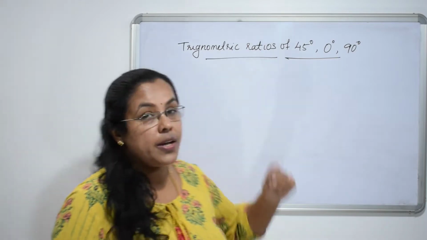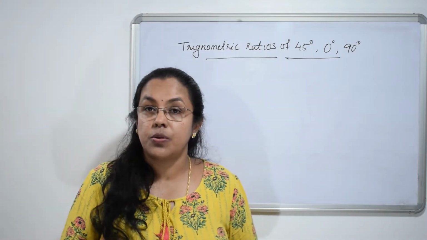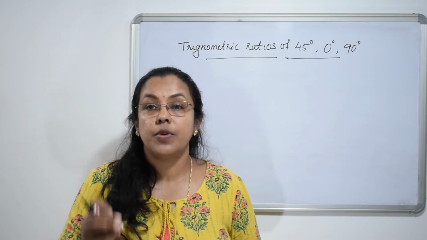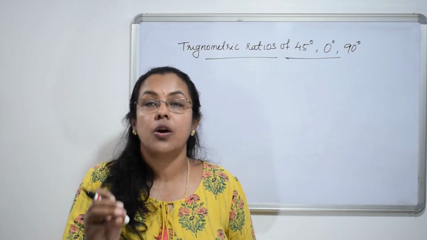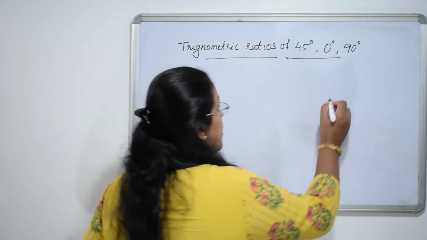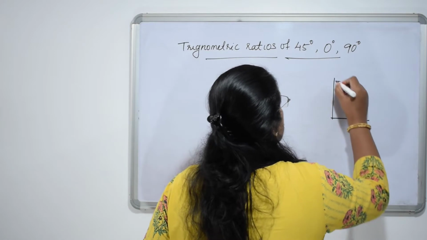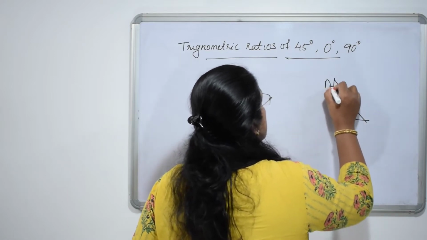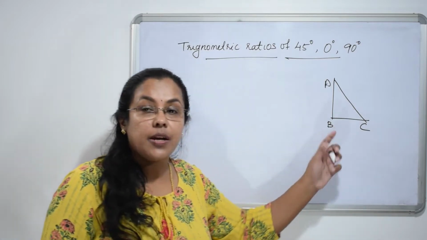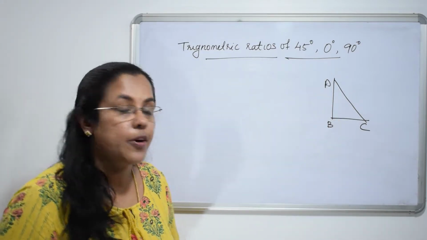In order to find 45 degree ratios, which type of triangle will we use? We want a right triangle with an acute angle of 45 degree. So I am going to draw a right triangle of acute angle 45 degree.